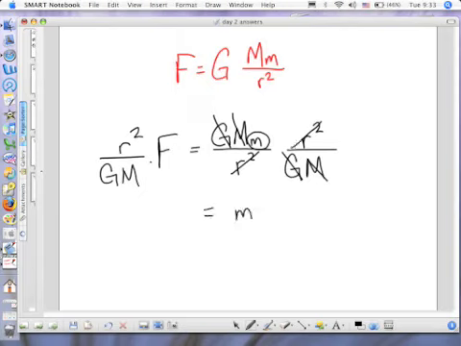All you're left with is little m. And again, if this meant G was in the numerator, what does this mean? F is in the numerator. And that's how the answer for little m was found.